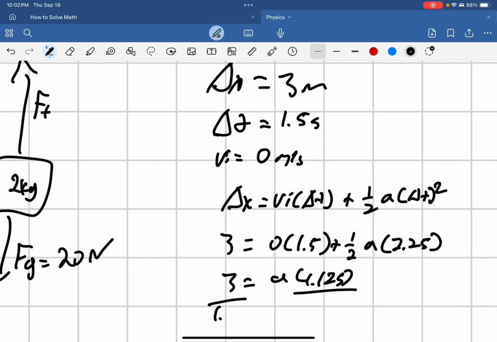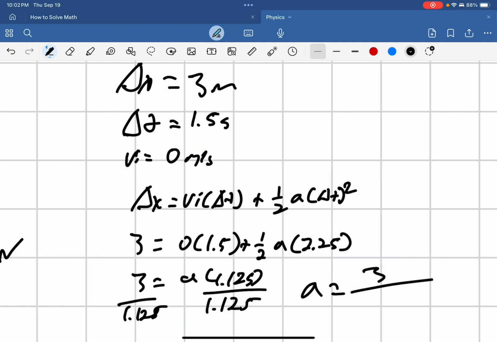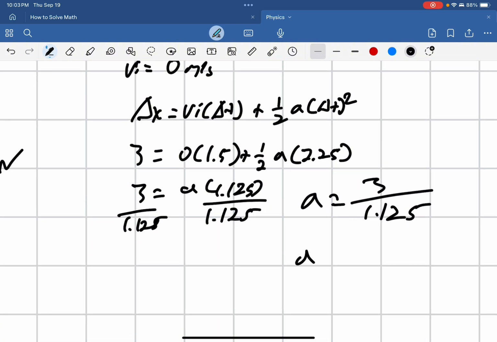Divide 1.125 on both sides, and we get a is equal to 3 over 1.125, which is around 2.67 meters per second squared.